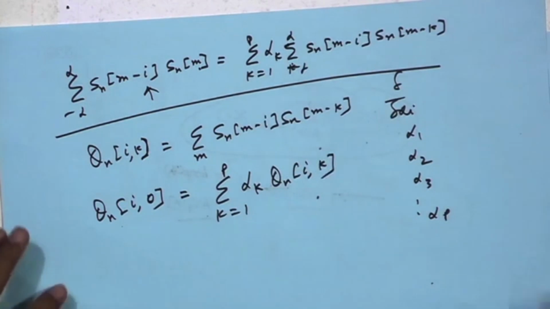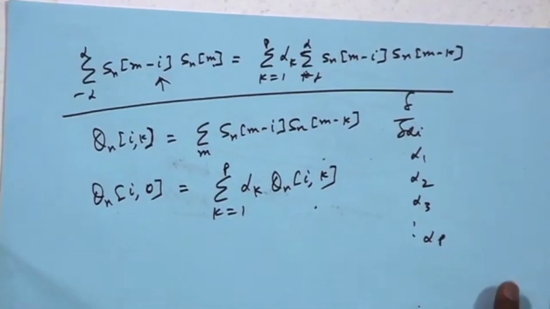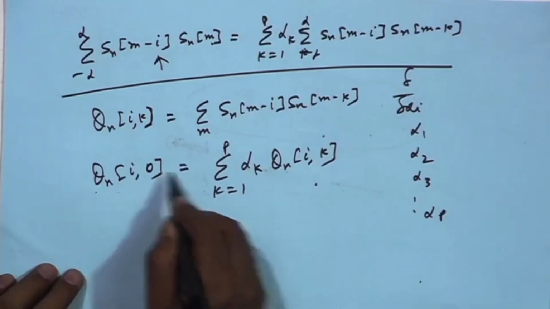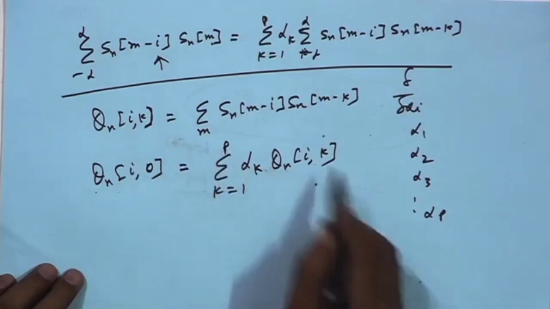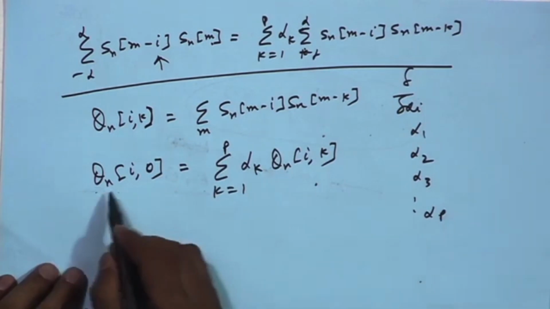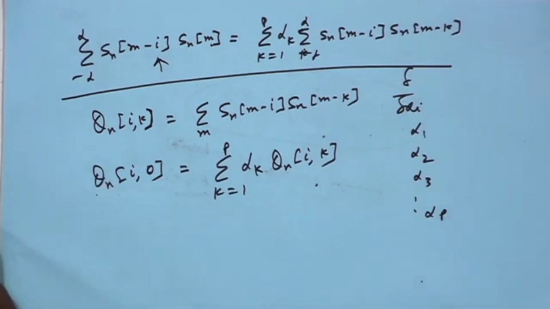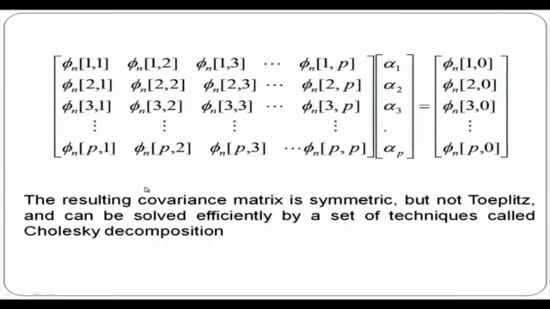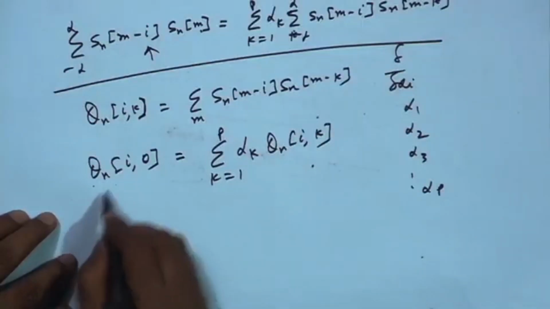So, after minimizing the error function, I get phi n I 0 equal to the sum over k of alpha k phi n I k. So, I can see this leads to a set of p equations in p unknowns that can be solved in an efficient manner.